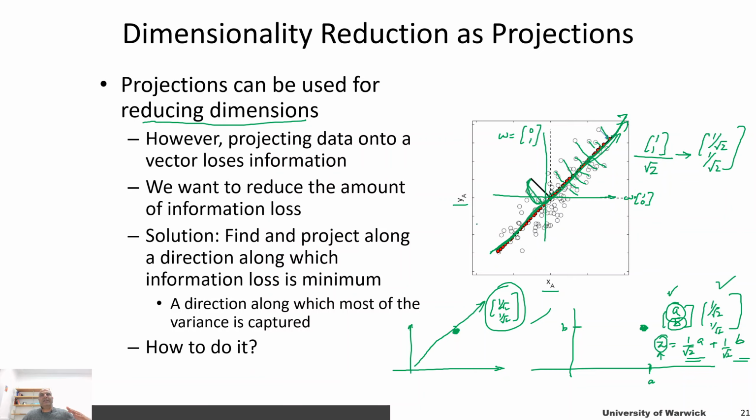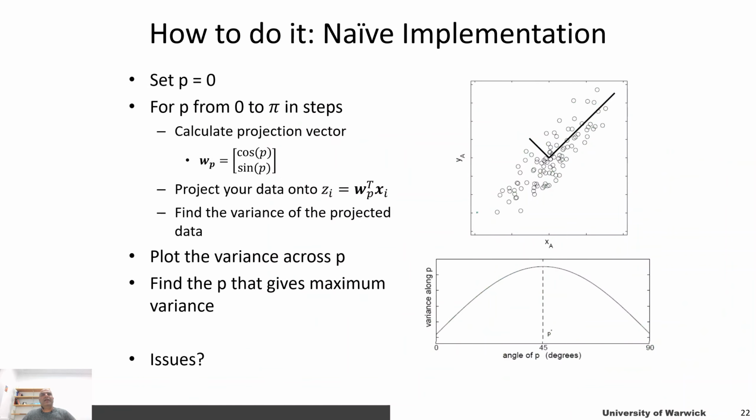If you think of it like this, let's say we take different direction vectors. If you have a very naive implementation of finding the direction of maximum variance, what we can do is first we center the data over here, and then I take a particular vector. I'm going to call it w vector, and let's say when w is horizontal, then I project everything along the horizontal onto this vector, and it's going to drop everything along the y-axis, right?